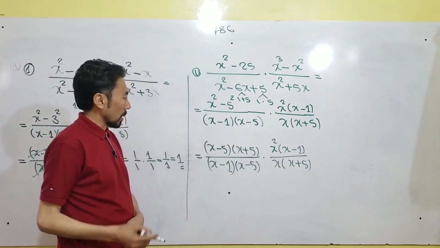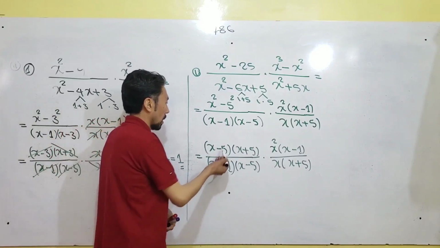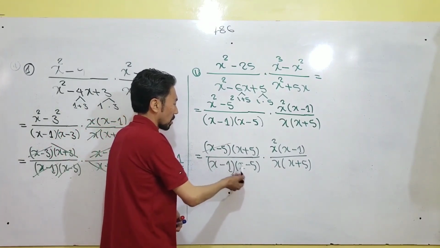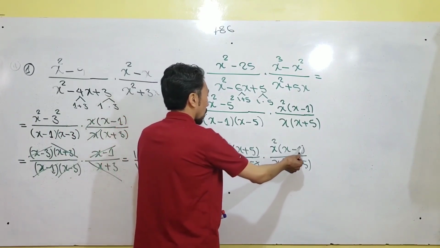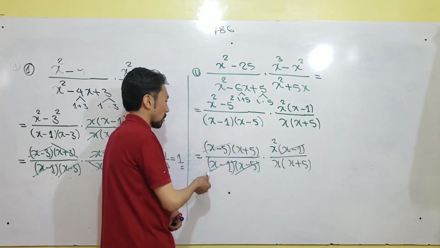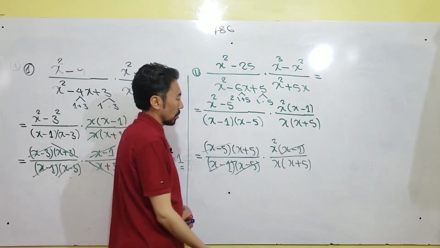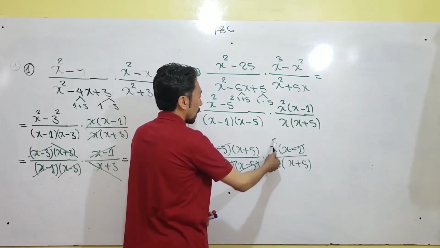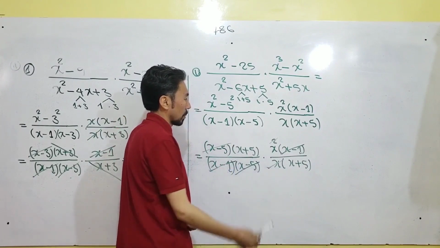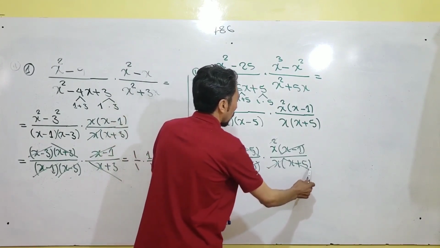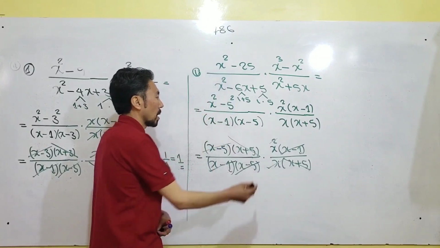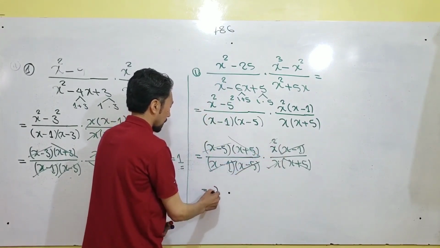Then here we can cancel some of them: x minus 5 divided by x minus 5 is 1. x minus 1 divided by x minus 1 is 1 also. x squared divided by x, the result remains x, and also x plus 5 divided by x plus 5 is 1. So the answer is x.